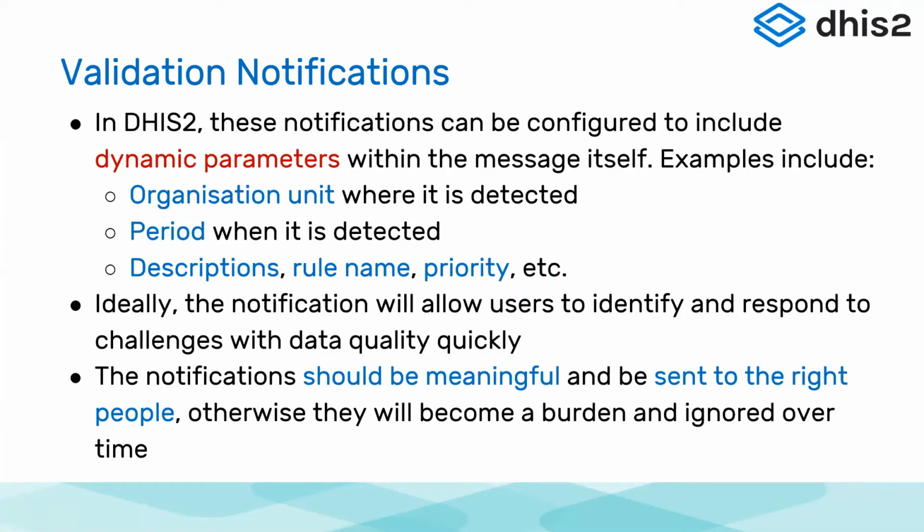And in DHIS2, as we discussed, you can include a customized message within this validation notification. In that customized message, you can include the organization unit where the validation was run and the period for which validation was run, and description, rule name, priority, etc. You can customize the message to include these parameters.